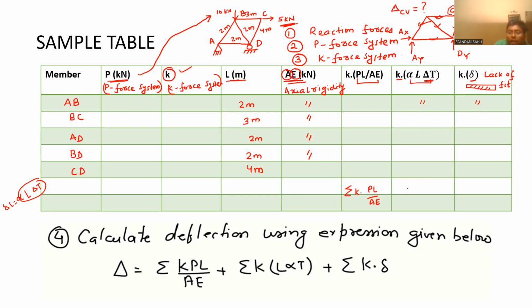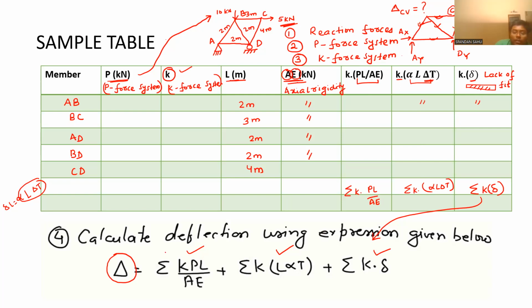So when you add up this K into alpha L delta T and this summation of K into delta, what is written here, you will get the total displacement for, suppose, this joint C, due to external loads, due to temperature variation, and due to lack of fit.